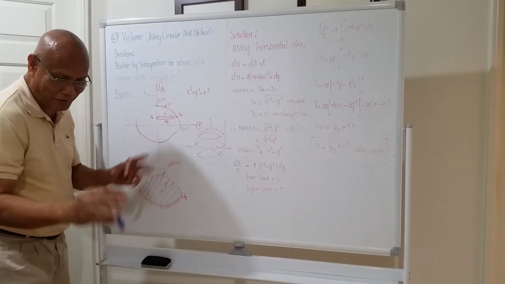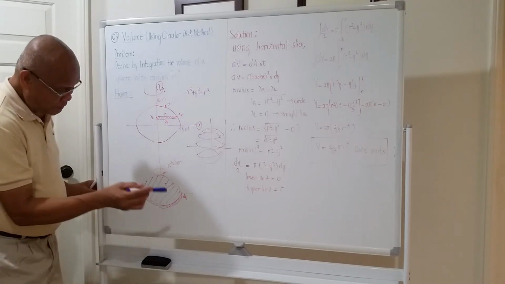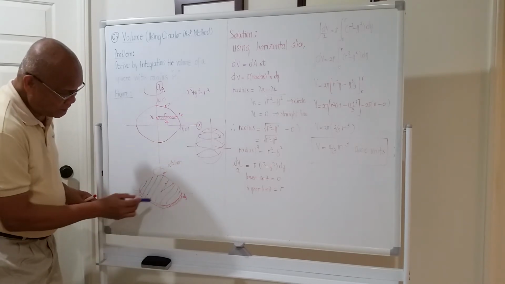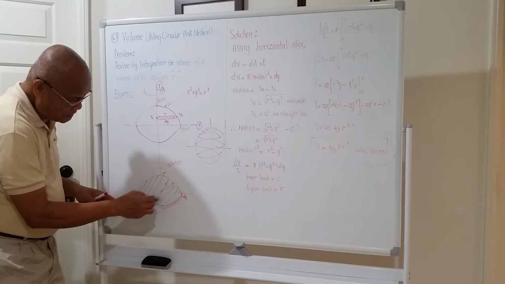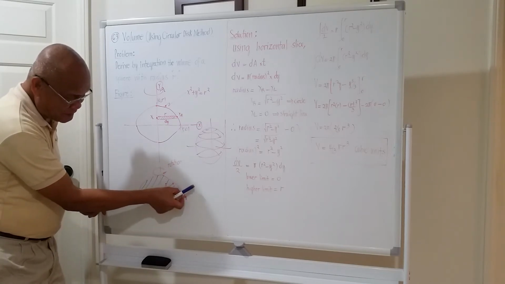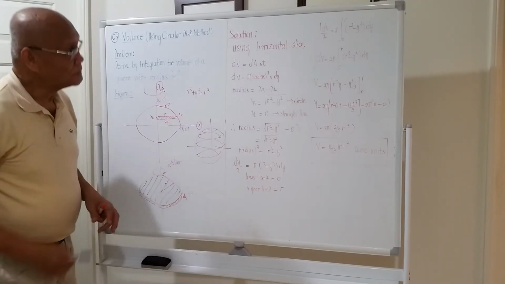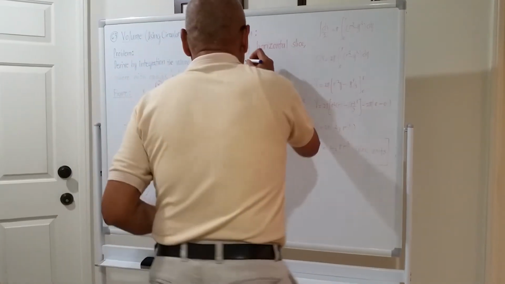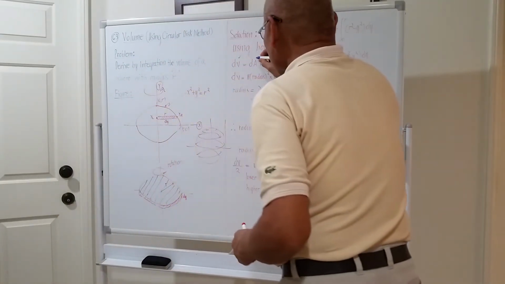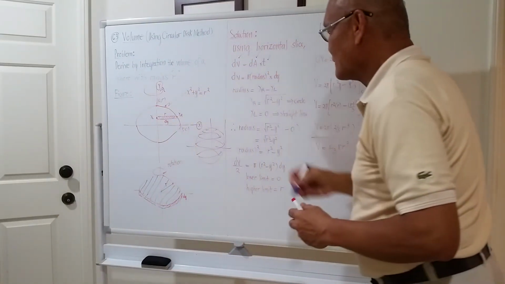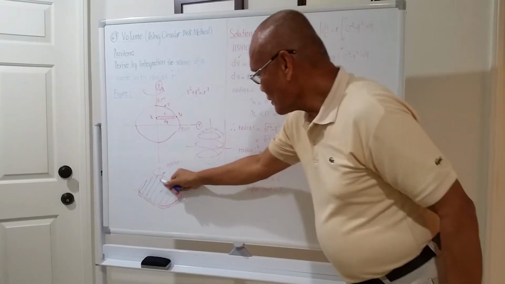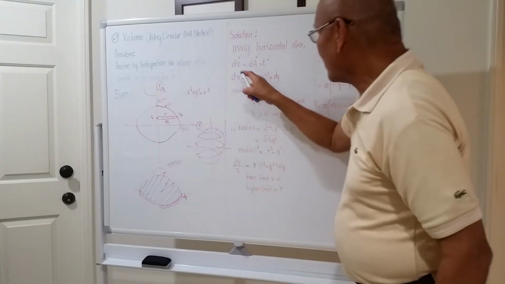That's why we need integration. So differential volume will be the area of this times the thickness. It is the area of the circle times the thickness. That will be the differential volume.